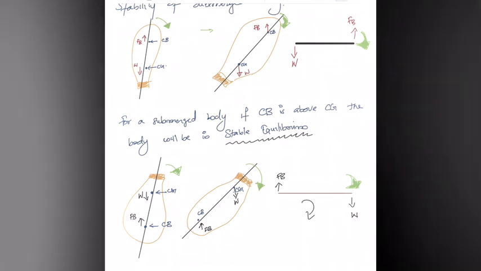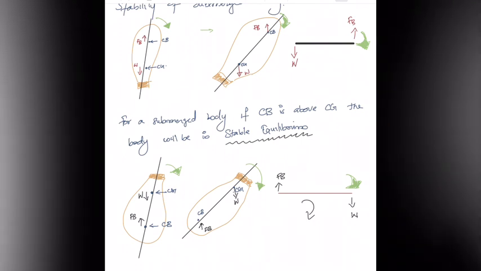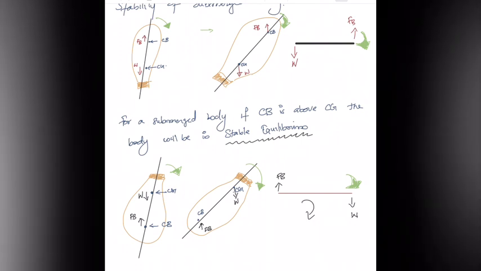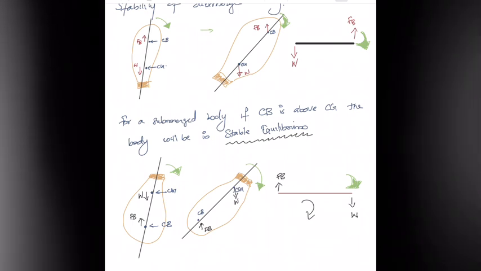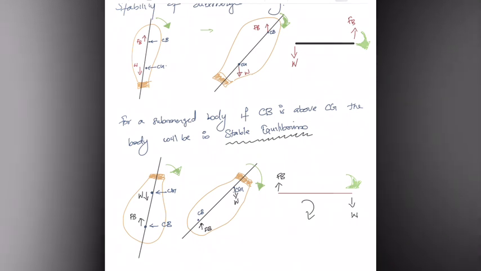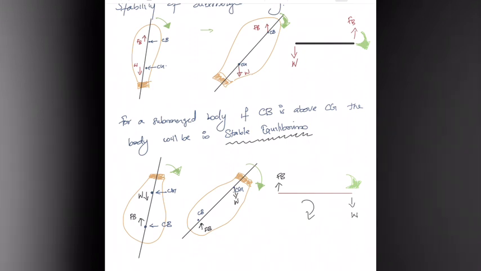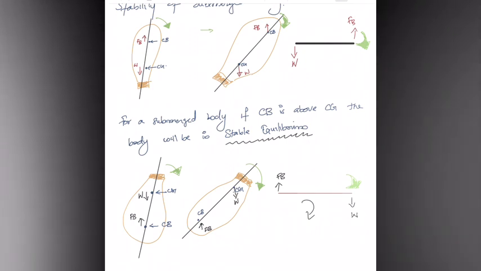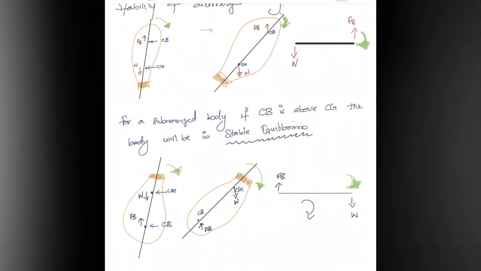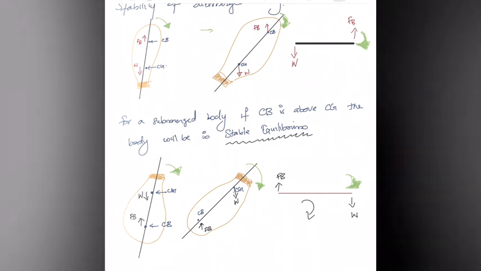Thus the body will not return to its original position, but moves to a new position. This is termed as unstable equilibrium.